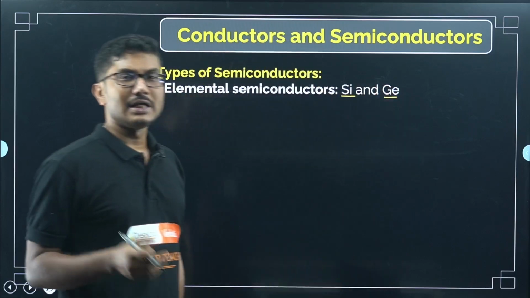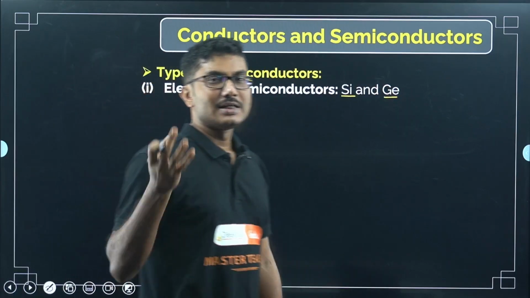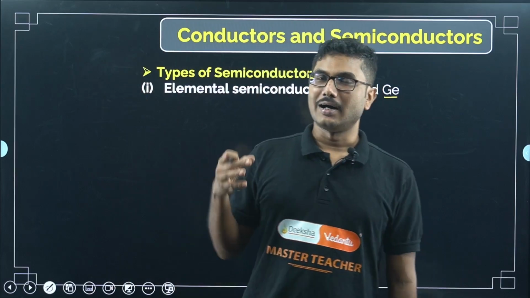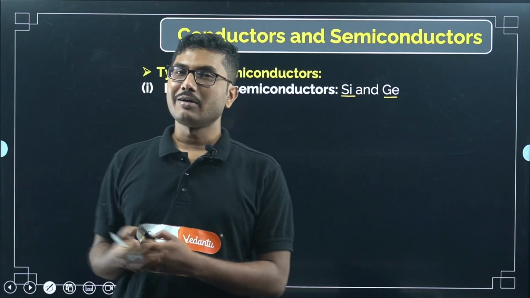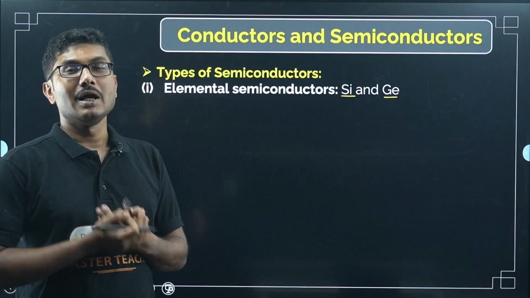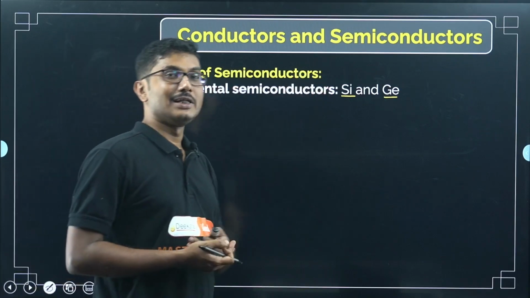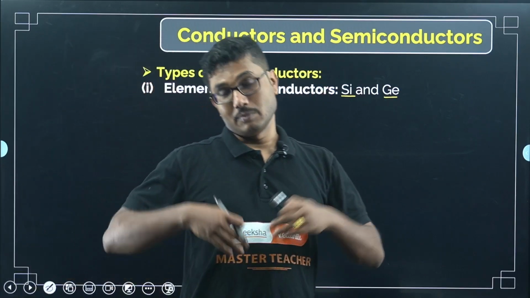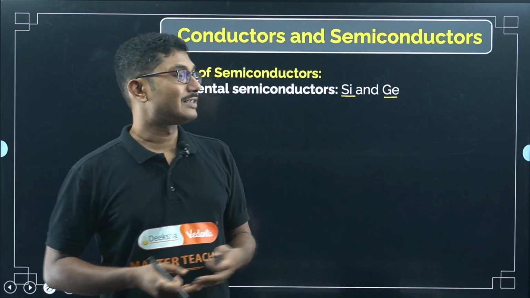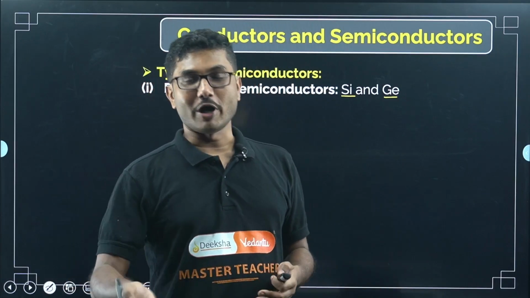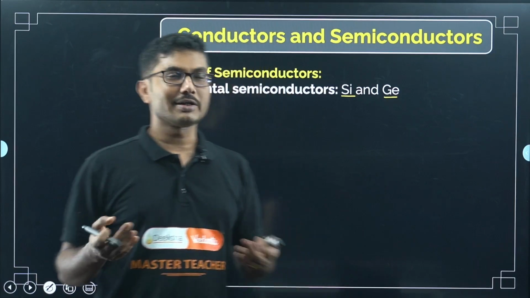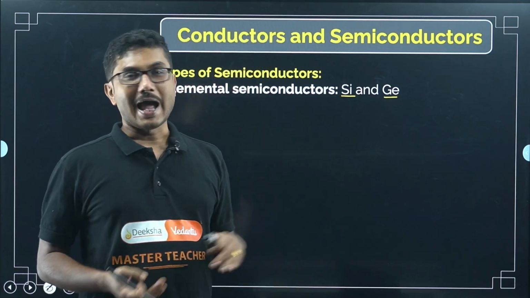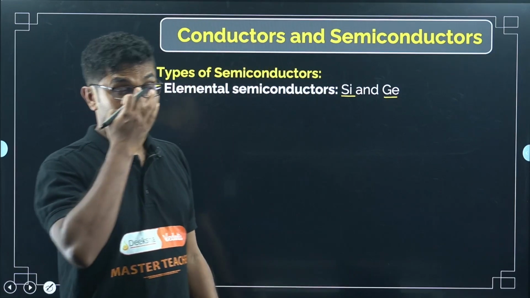Sand is basically a compound of silicon. On the surface of the earth, the most abundant material is silicon. It is available very commonly. You can take the soil, it also contains silicon. Silicon is everywhere. Silicon and germanium are two elemental semiconductors.